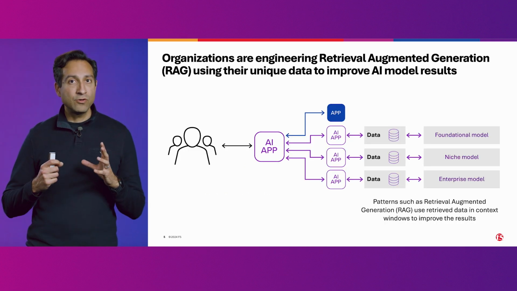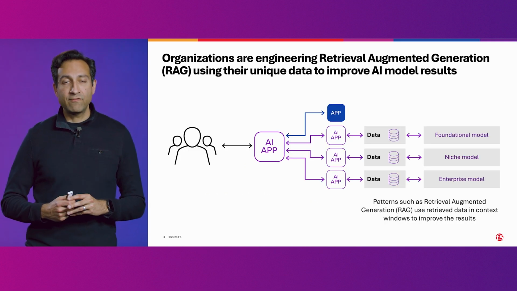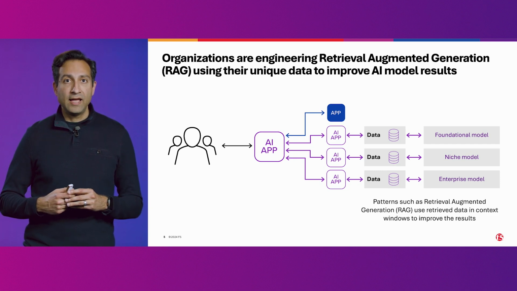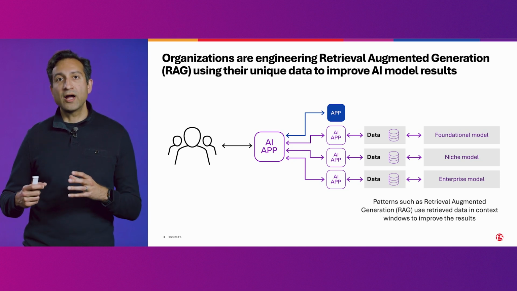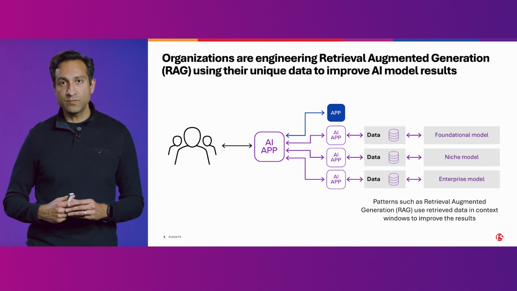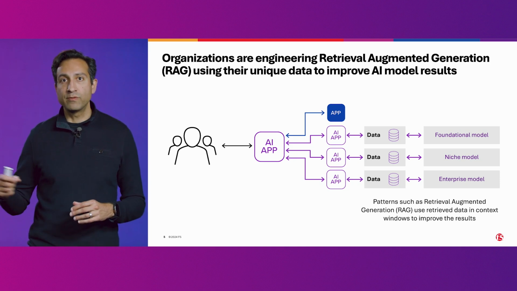Now, one of the unique things with respect to inference is a technique called RAG, which stands for Retrieval Augmented Generation. What we see today is organizations are leveraging their own proprietary data to unlock the full potential and the full power of these models, whether it's first-party models or third-party models.